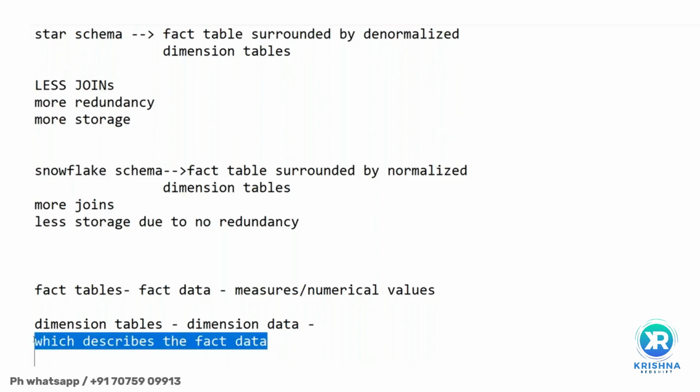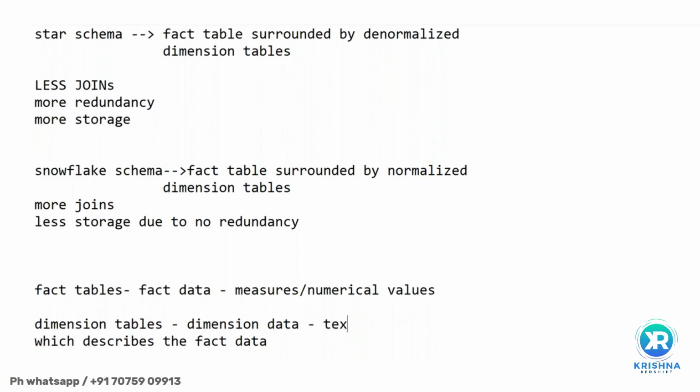Dimension data means textual or descriptive data. Let me write this: descriptive data which describes the fact data is called dimension data.